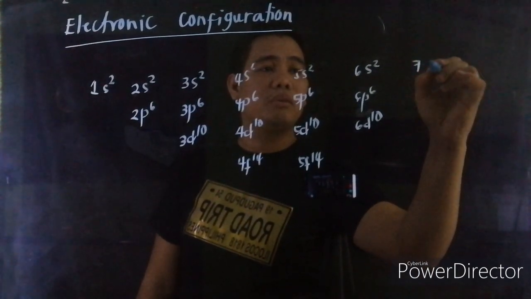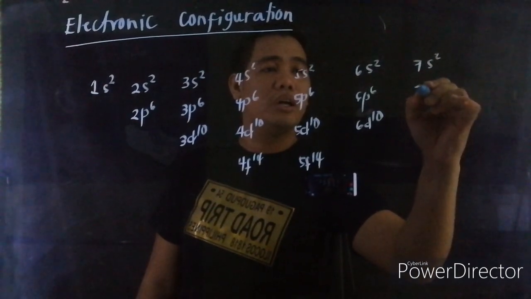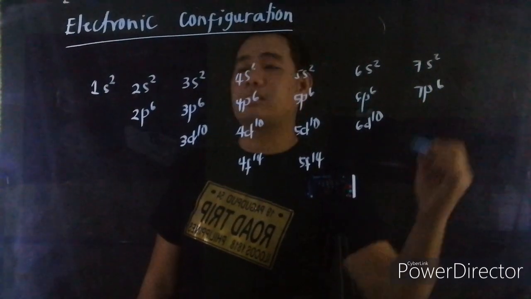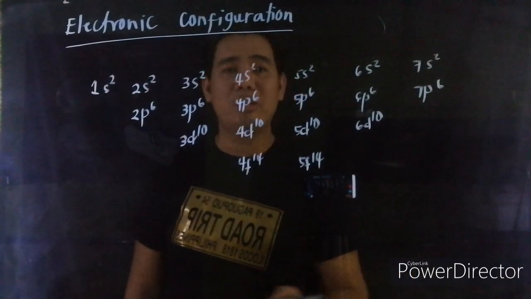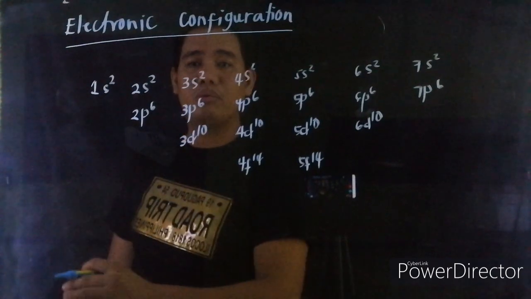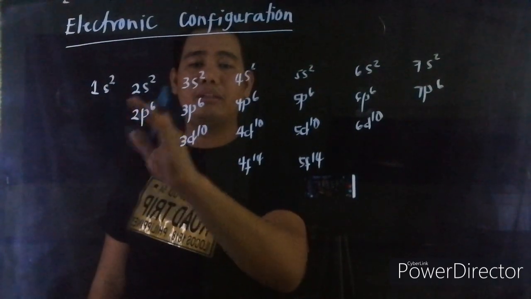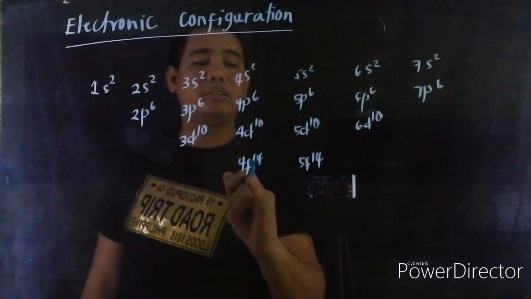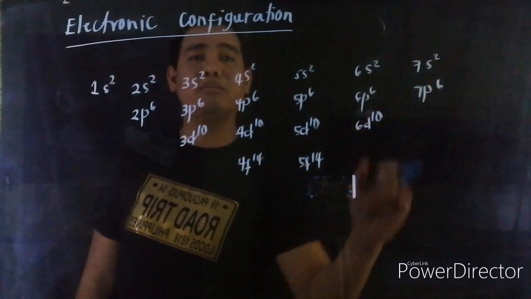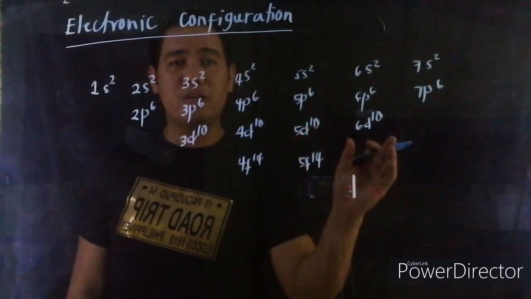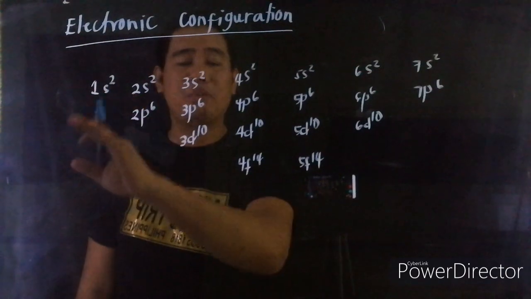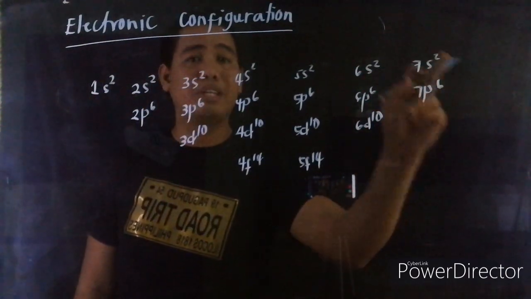Then we have 7s2 and 7p6. Alright? So if you still remember our lecture a while ago, we have 2, 8, 18, 32, 32, 18, and 8 for this particular number of shells. So we have 7 shells.